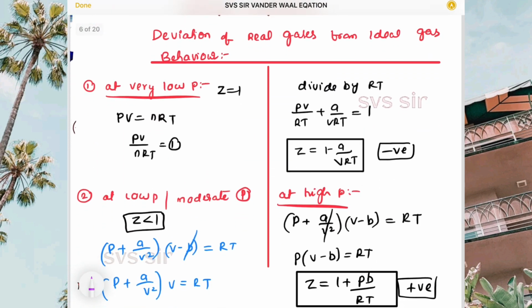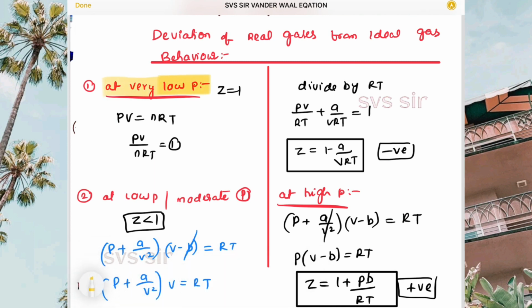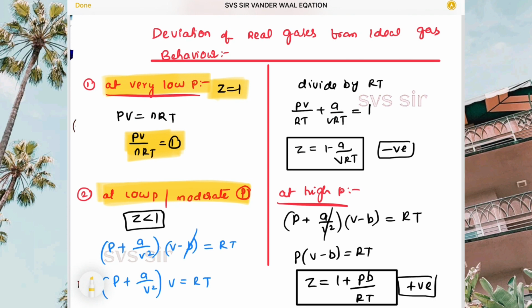Next, we are going to discuss one important point, deviation of real gases from ideal behavior. This is very important for competitive exams. What you have to remember in the examination: at very low pressure, Z equals 1. Z equal to 1 is nothing but ideal behavior. At low pressure or moderate pressure, Z shows negative deviation.